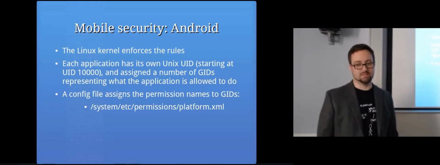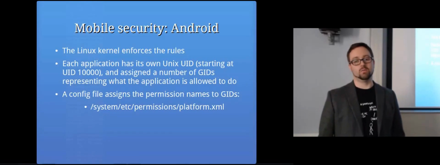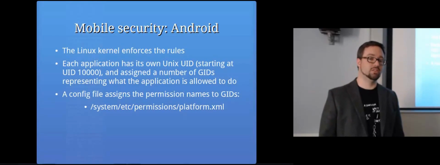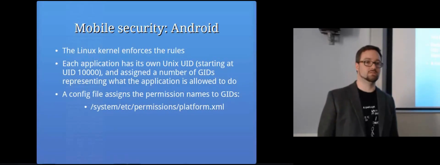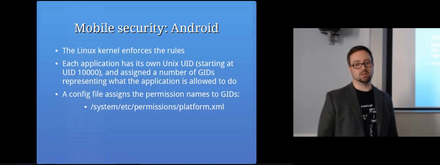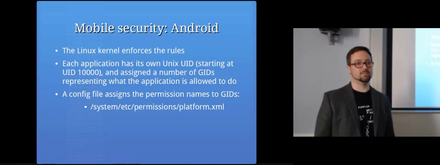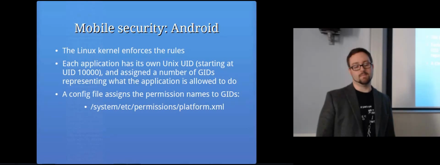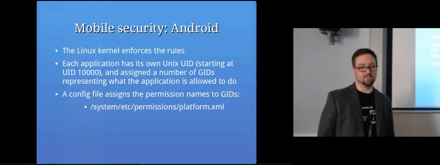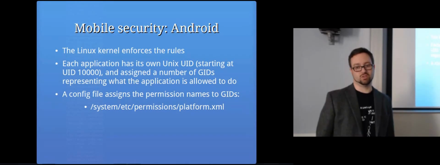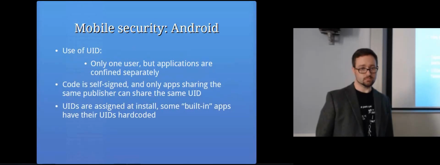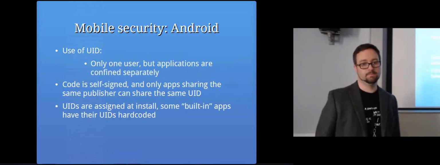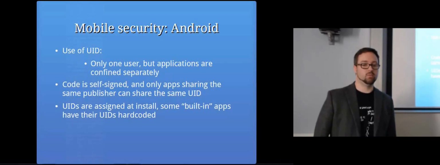And you also get specified groups, which basically represent the capabilities or the permissions that it's requested in the manifest file. So you've got groups specified for each application as well. And there's a config file that basically assigns permission names to group IDs. And so you only have one user, but you have all your applications combined separately.